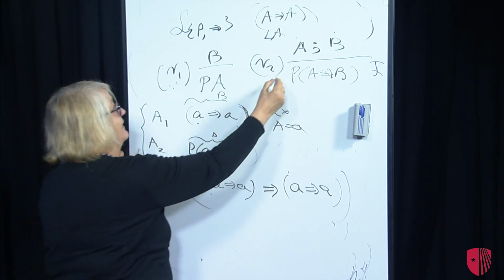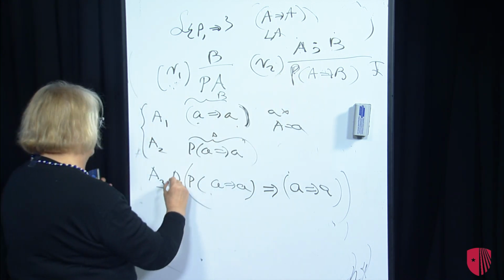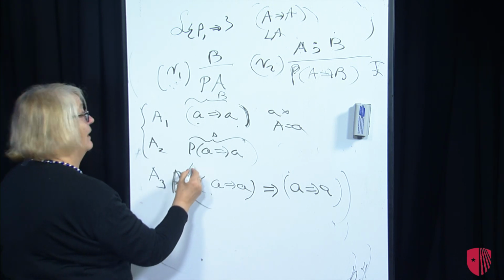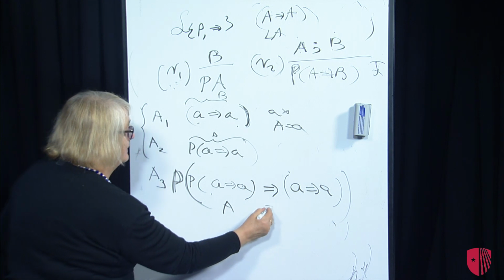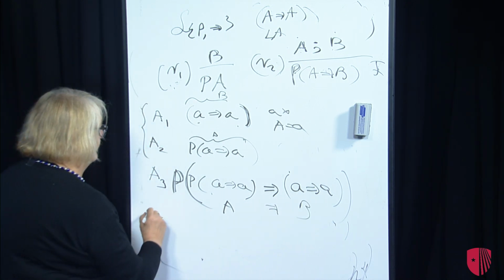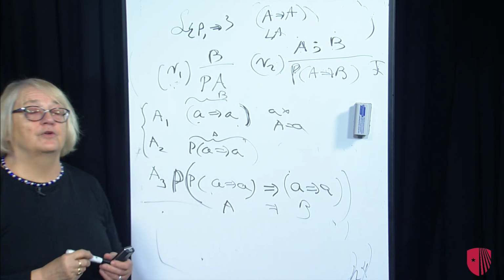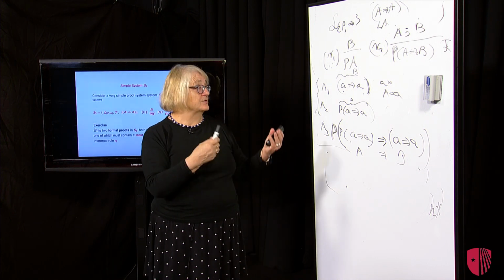So now I can write P, this is P, applied to A implies B. This is a correct proof of A implies B, and so on.